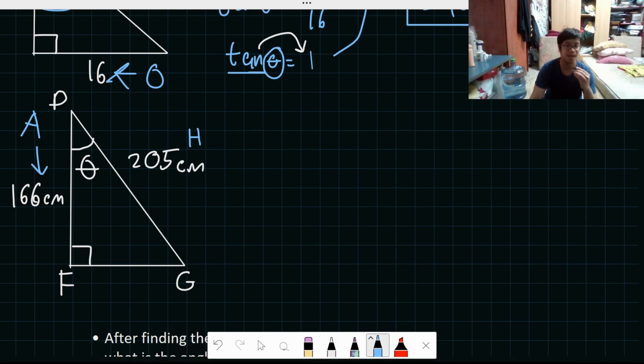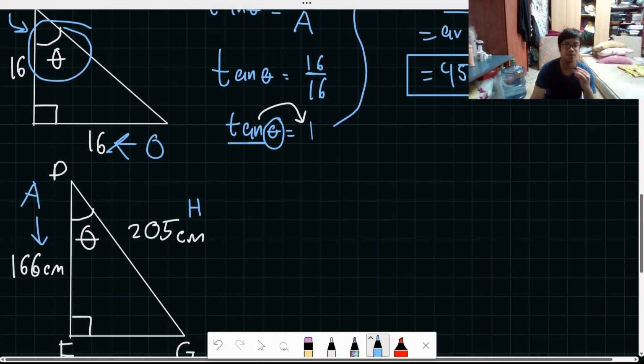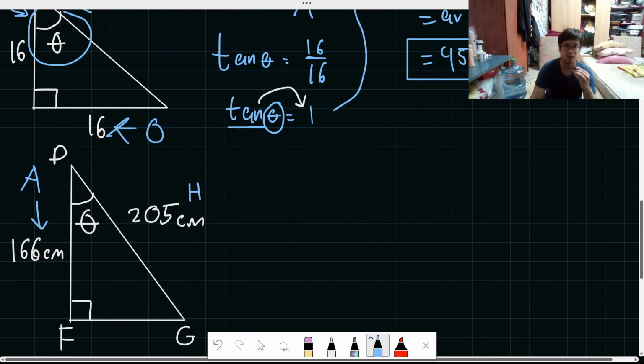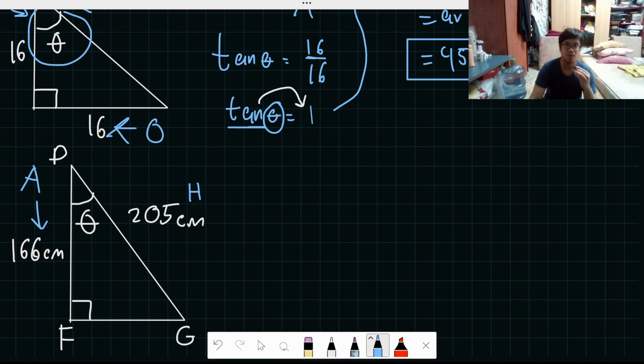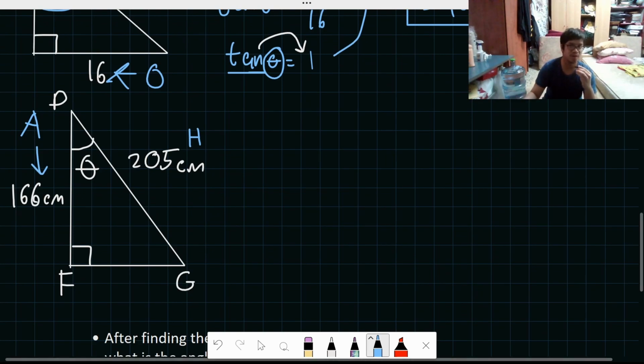Because again, remember, when we solved in the second figure, the first step is we need to know the parts. Second, we will use at least one trigonometric ratio that has these given parts. So if we have adjacent and hypotenuse, what trigonometric ratio has adjacent and hypotenuse?